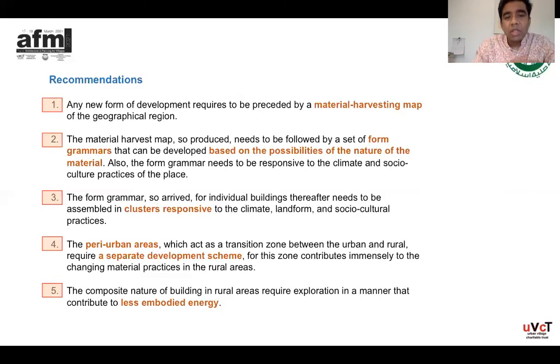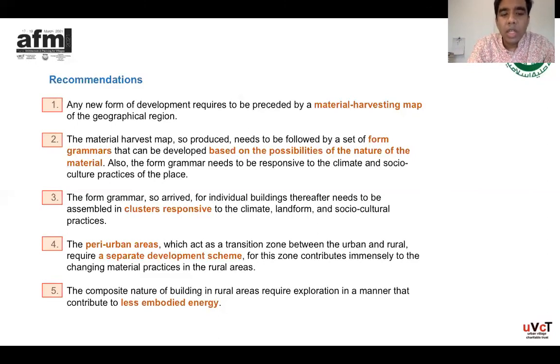So the peri-urban gradually then becomes the next urban, and so it actually acts like a catalyst in allowing the industry produced materials to penetrate into the rural areas. So it's very important that a separate development scheme is brought in place for the peri-urban areas.